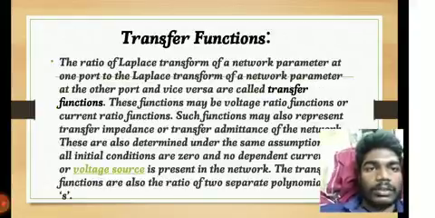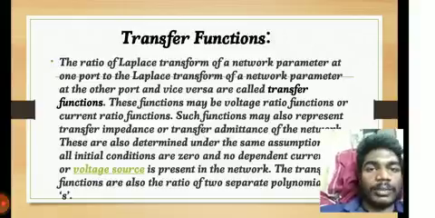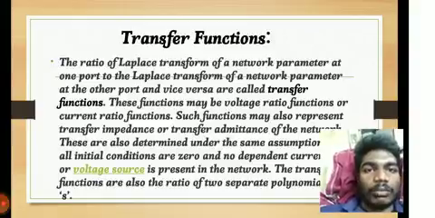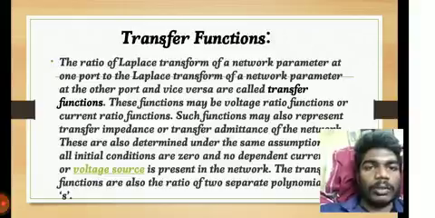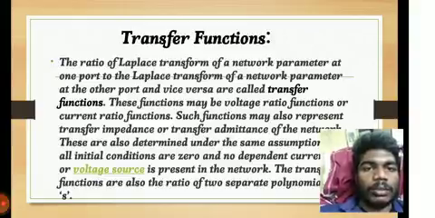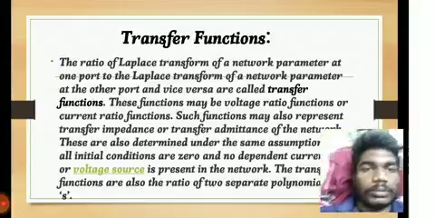So let us see the transfer function. The ratio of the Laplace transformation of the network parameter at one port to the Laplace transformation of a network parameter at the other port, and vice versa, is called the transfer function. This function may be a voltage ratio function or a current ratio function.